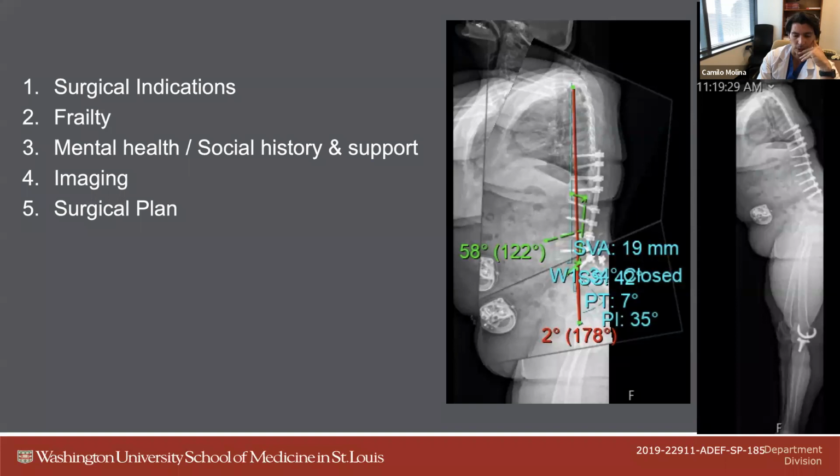And that's important to think about in your mind and compensate for, especially if it's a low fusion like T10. There is going to be some compensatory kyphosis after that if this patient was hyperextending their thoracic spine prior to getting this image.